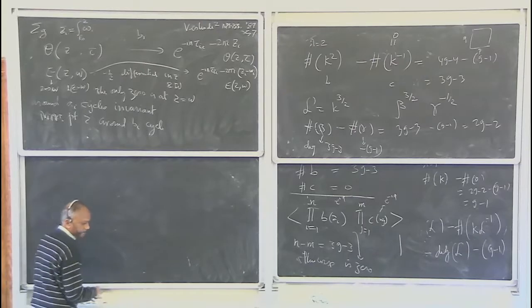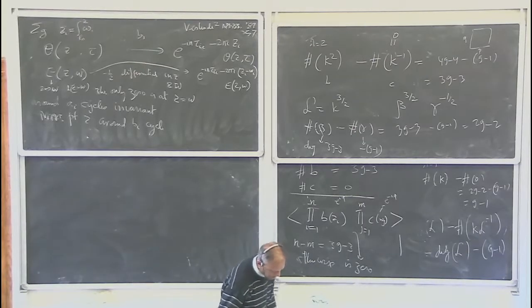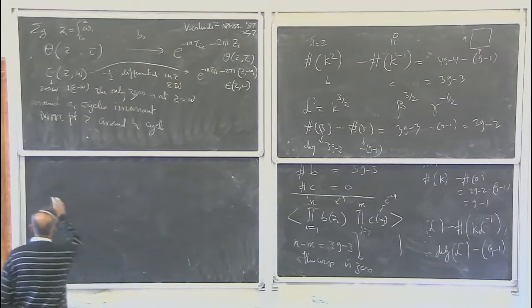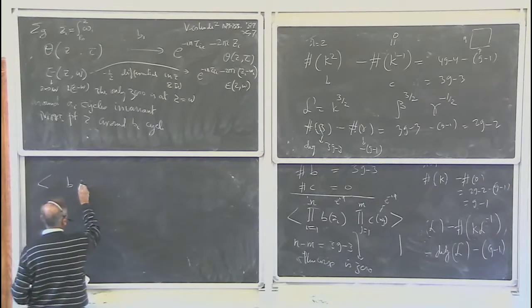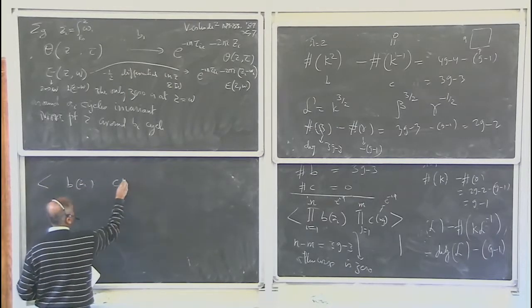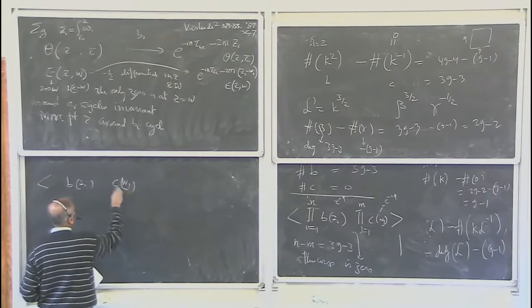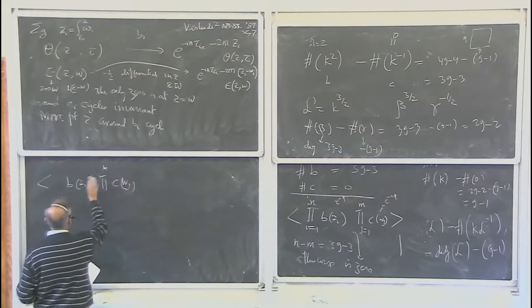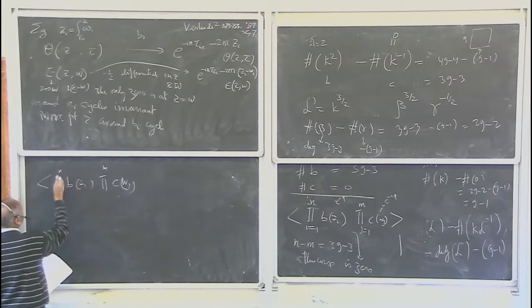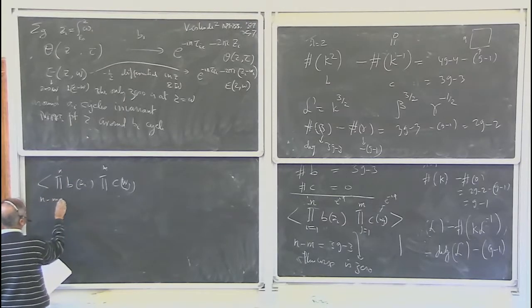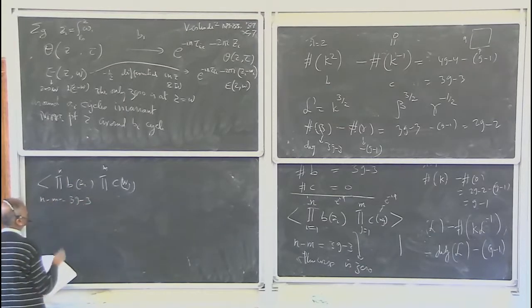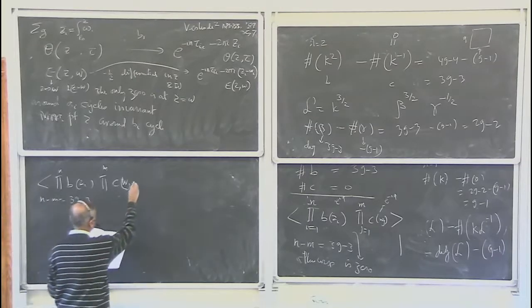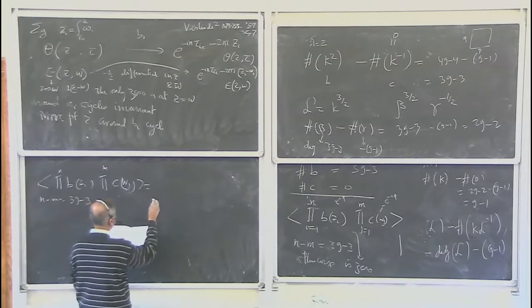So the result is, this correlator, let's say b at z_i, c at w_j. This is, say, m. This is n. n minus m is 3g minus 3. And that's given by product forms.